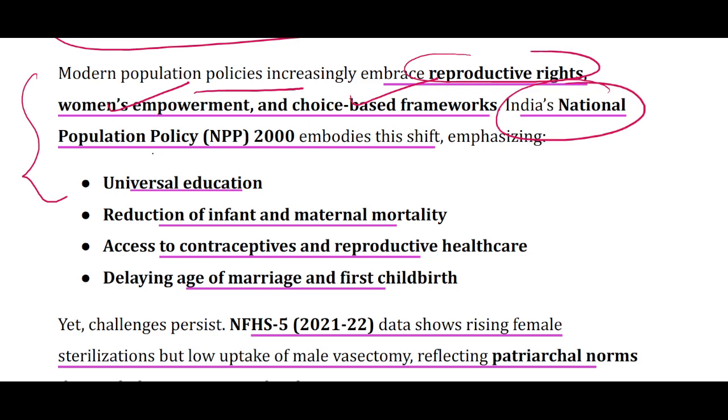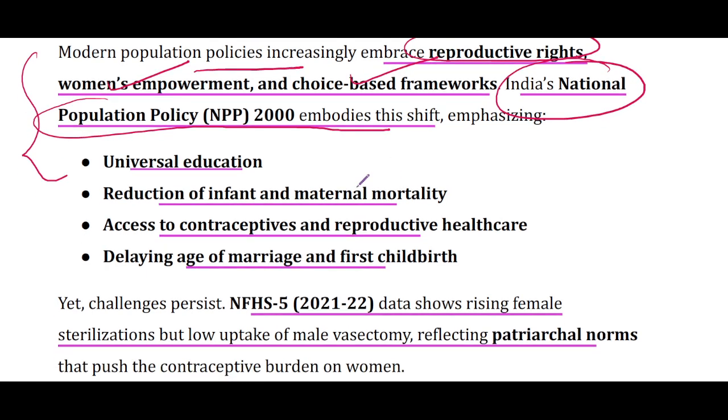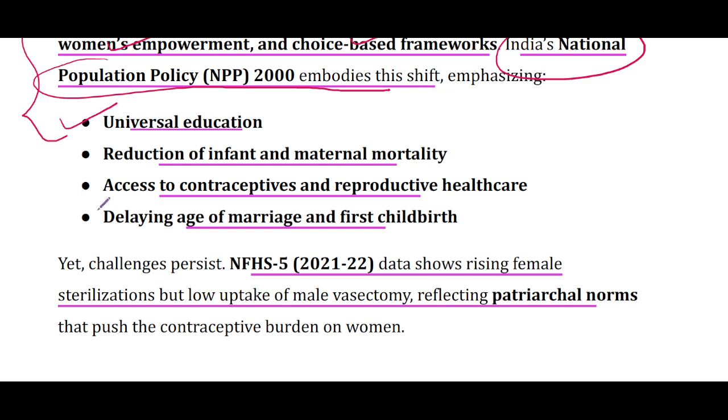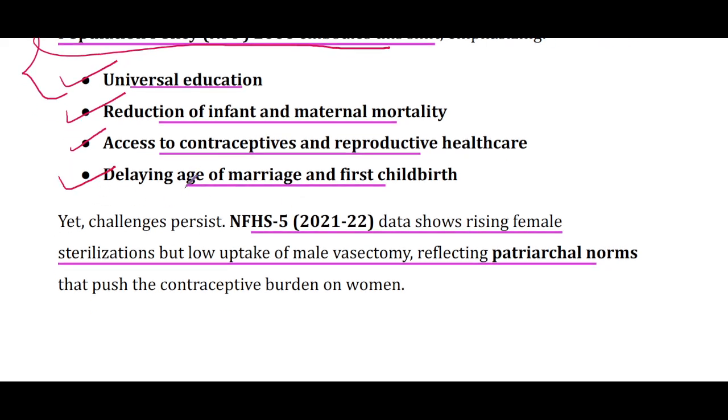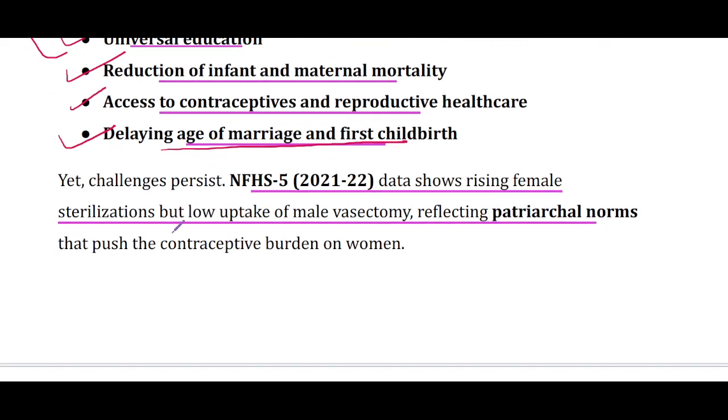And here, India's National Population Policy 2000 embodies this shift, emphasizing universal education, reduction of infant and maternal mortality, access to contraceptives and reproductive health care, and delaying age of marriage and first childbirth.